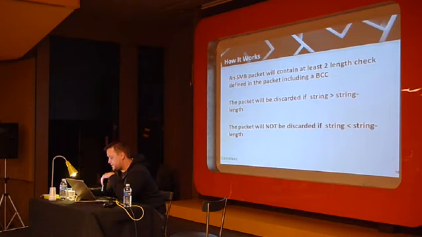But if the BCC is larger than the packet sent or the string sent, it will be accepted. So basically, you can simply send a big BCC number and fuzz with strings there without wondering if your packet will be discarded or not.